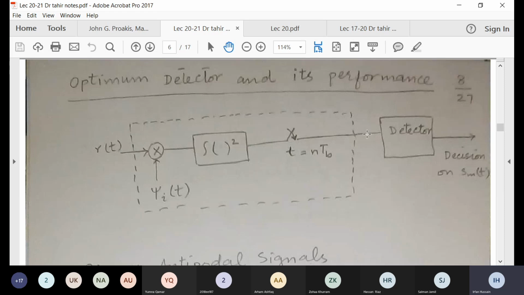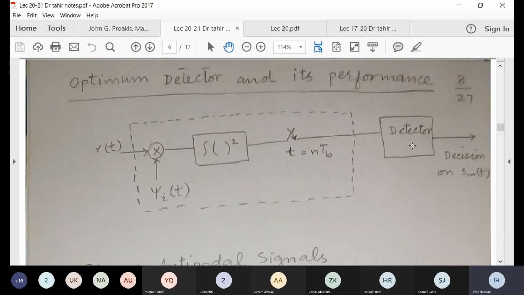So that will be respectively psi 1, psi 2. If you have S1, S2 with respect to orthogonal signaling, then you will decide on S1, S2 based on their psi 1, psi 2.